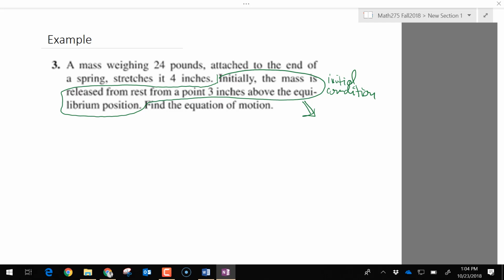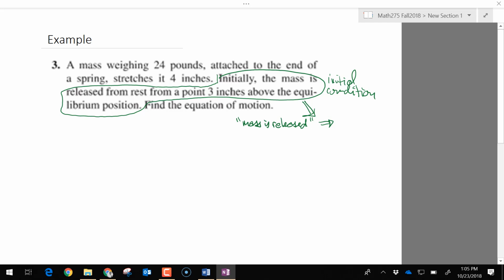So the mass is released. When you're pulling the spring in either direction and then you release the mass, what can you say about the initial speed that you're giving it? 0. So the initial velocity will be 0.